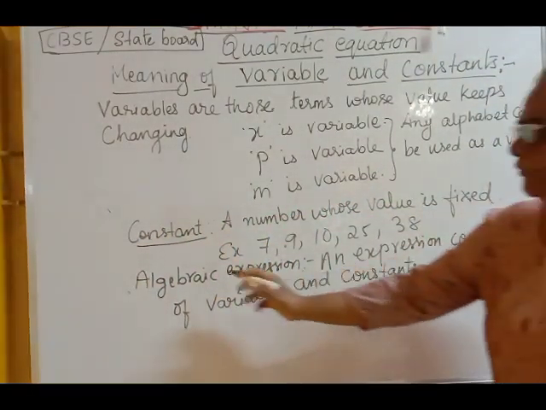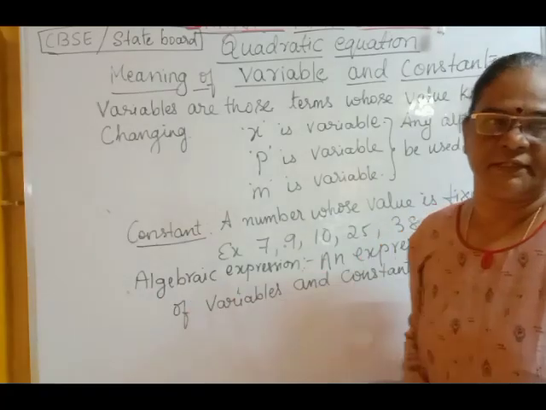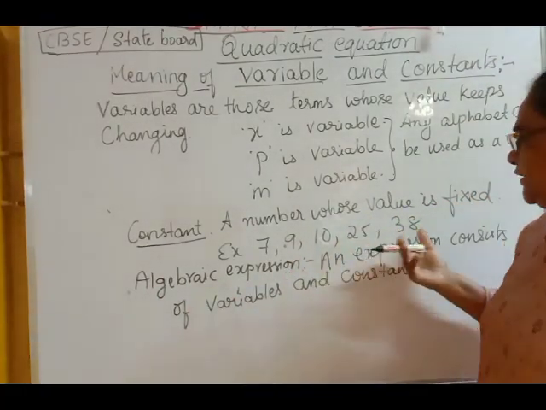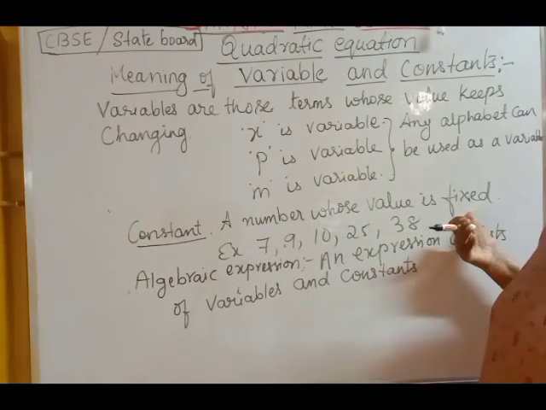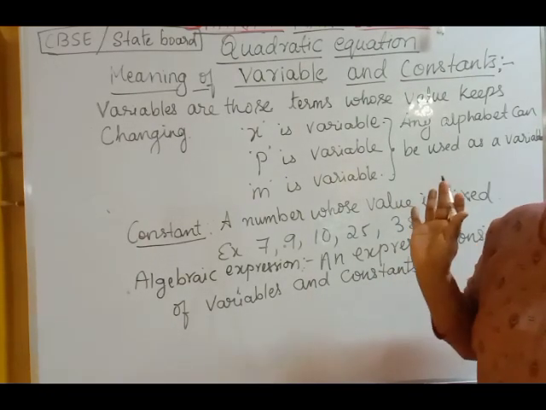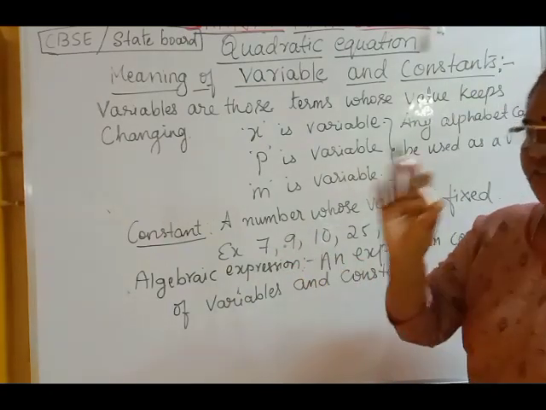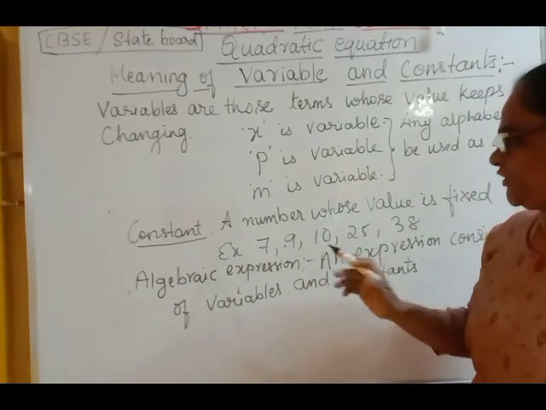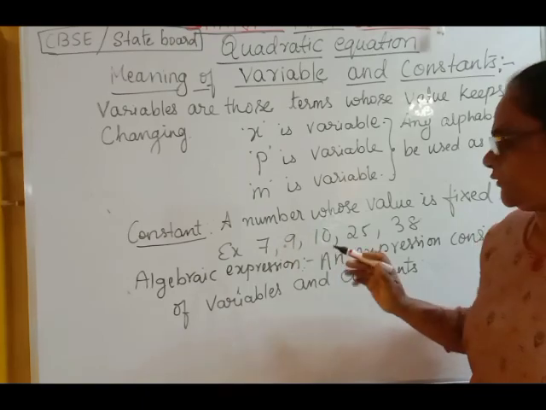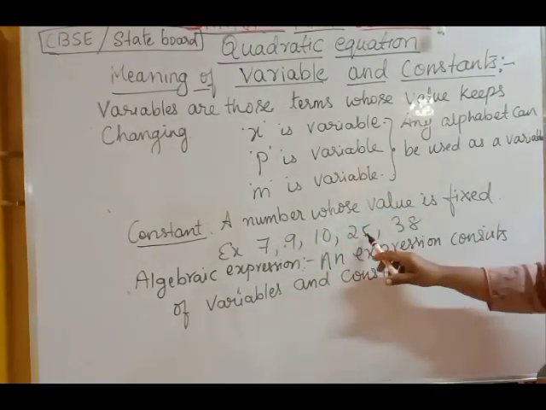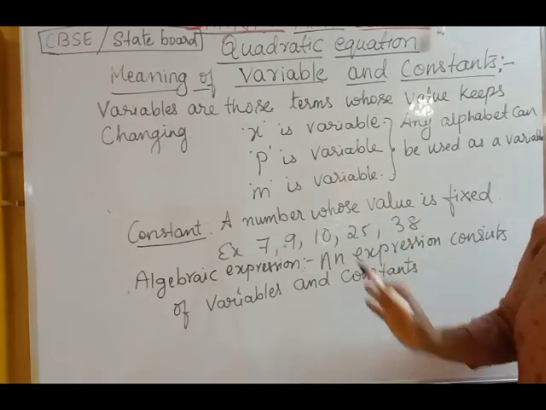Okay, next coming to the meaning of constant. Constant is nothing but a number whose value is fixed. So it has got a fixed value. Like for example 7. 7 means its value is 7 only. It will not change. 9 means its value is 9 only. 10 means its value is 10 only. 25 means its value is 25 only.